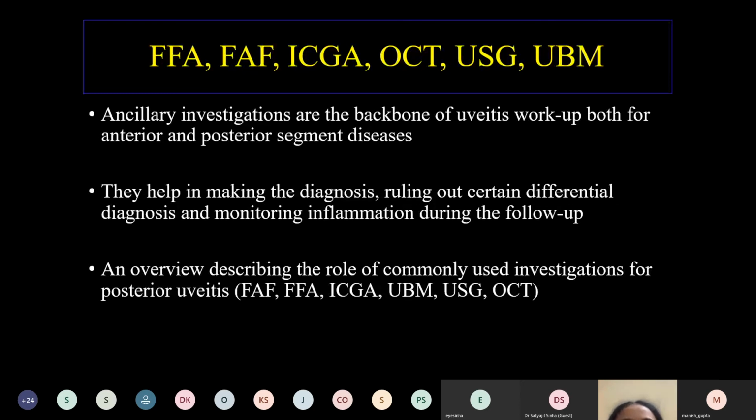These are the ancillary investigations which form the backbone of uveitis workup, both for anterior and posterior segment diseases. They help not only in making the diagnosis by ruling out certain differential diagnoses, but also in monitoring inflammation during the follow-up. So by this presentation, I'm going to give you an overview describing the role of commonly used investigations for posterior uveitis.